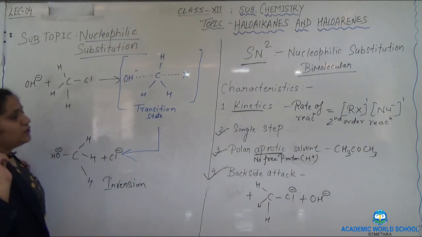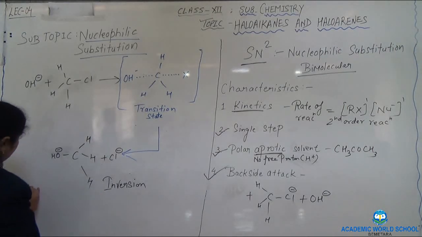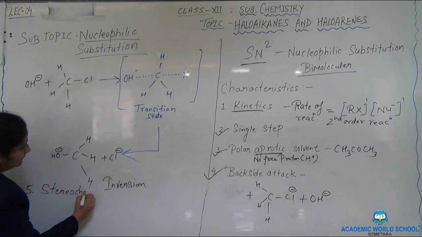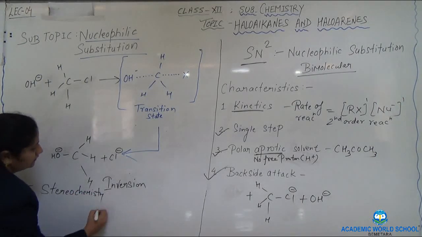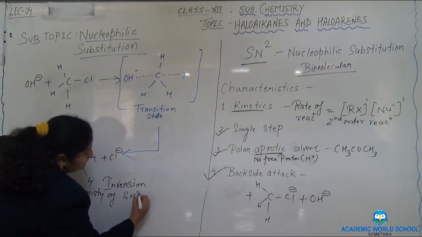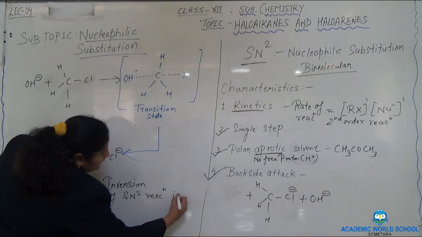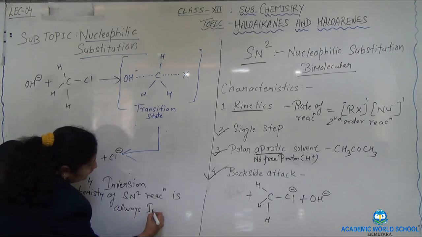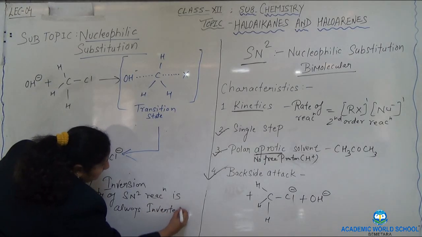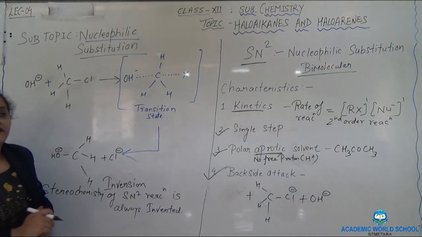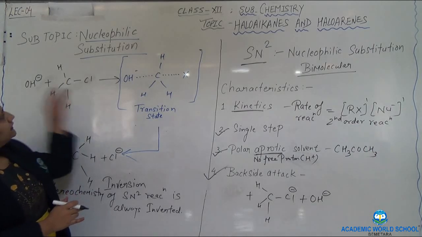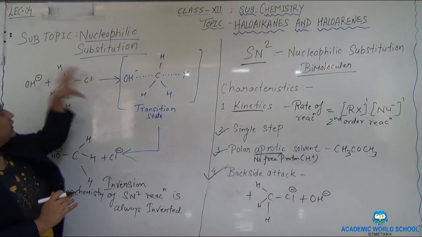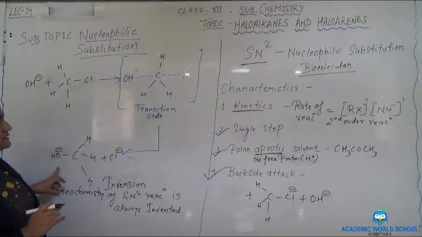So our fifth characteristic is: the stereochemistry of SN2 reaction is always inverted. When there is a backside attack of the nucleophile, the methyl chloride will invert itself and form this type of compound.